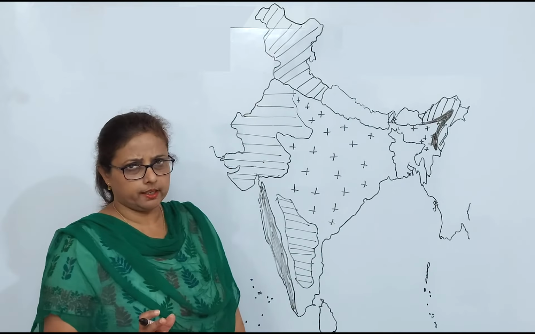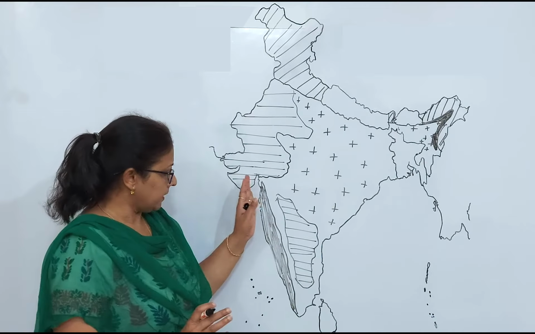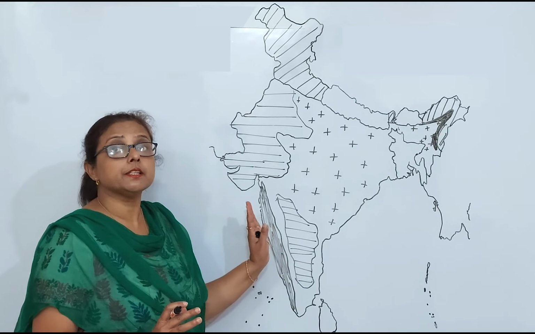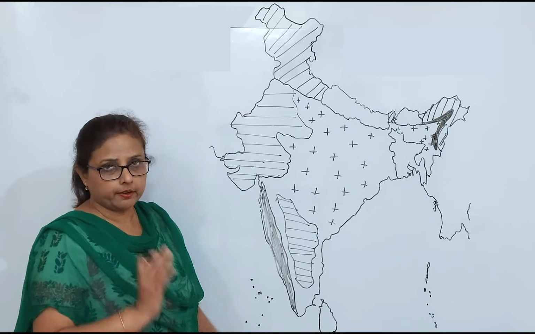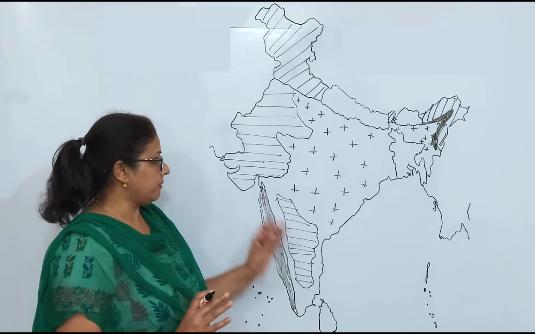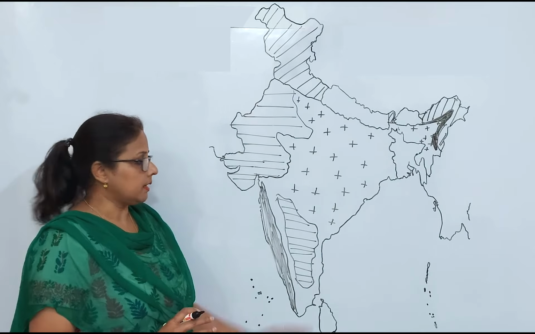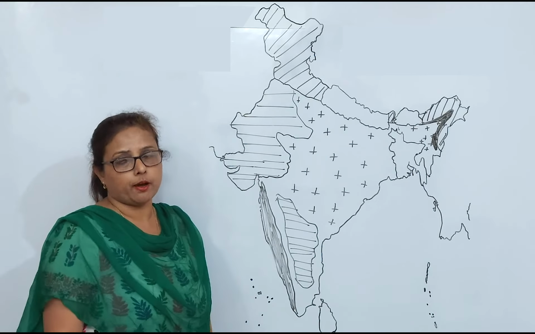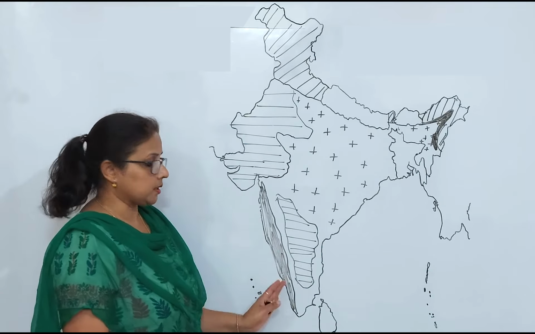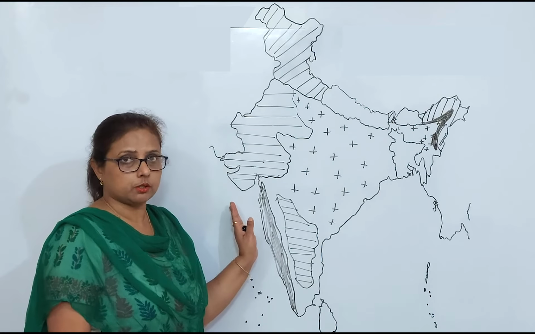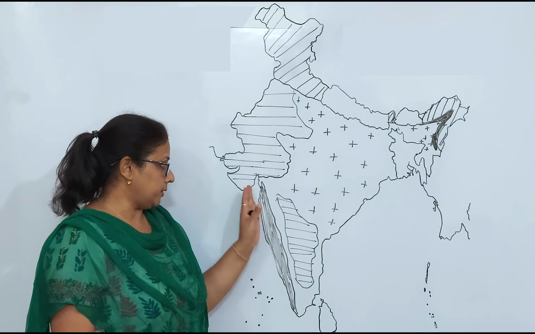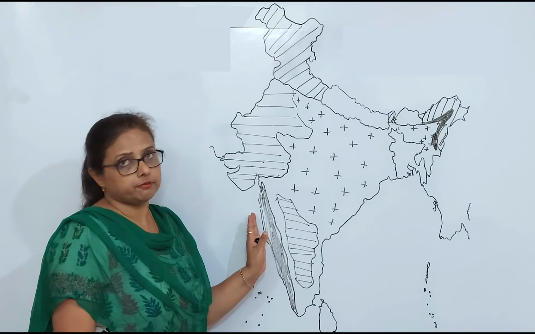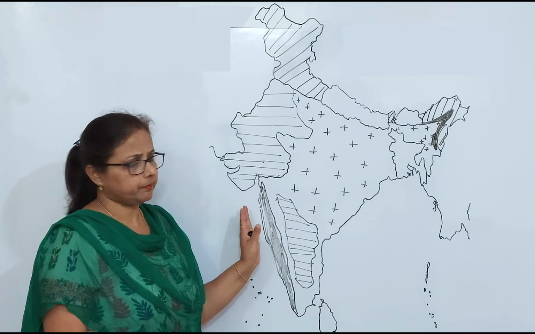They hardly shed their leaves, and all these areas have immense biodiversity because of very heavy rainfall and a very humid climate. A huge number of luxuriant vegetation can be found over here. So these areas are also known as the hotspot regions of the world, which consist of a lot of biodiversity.